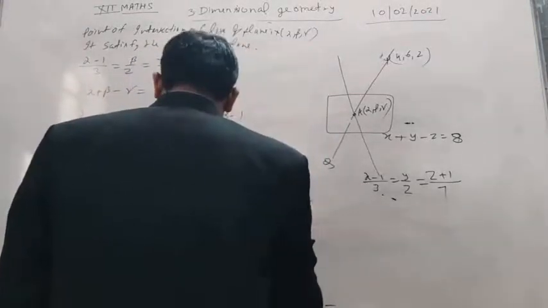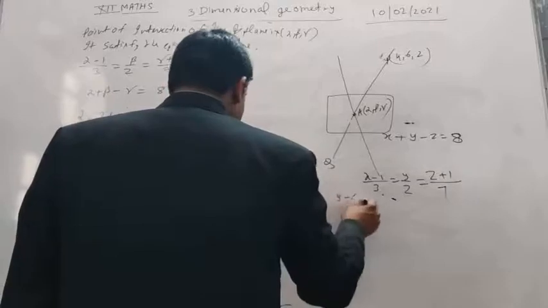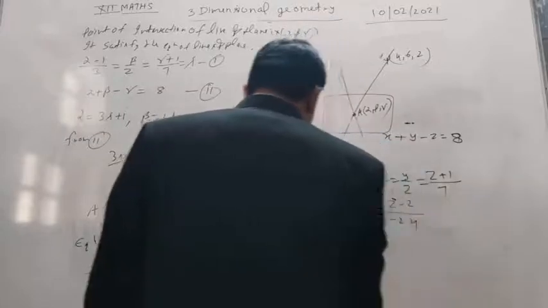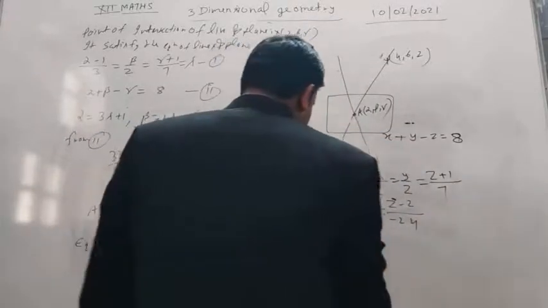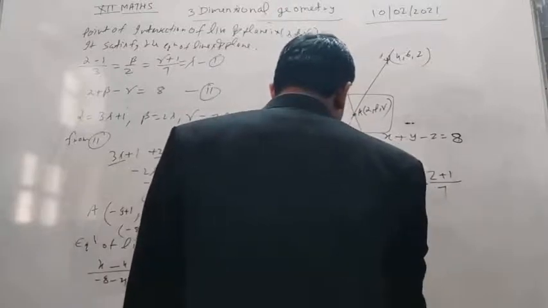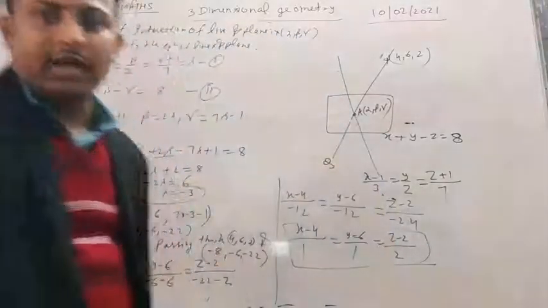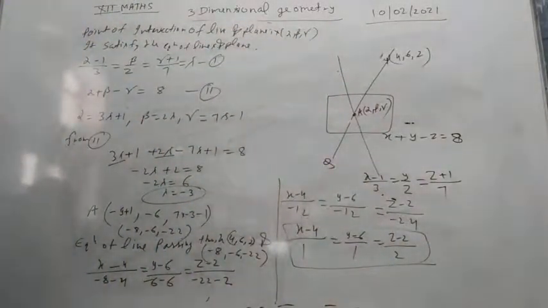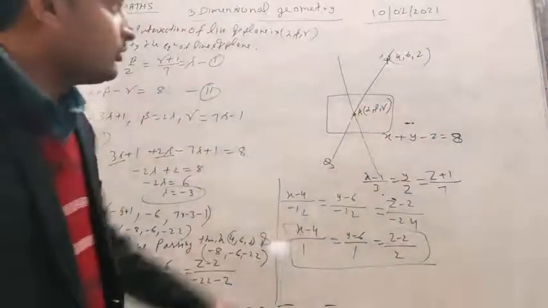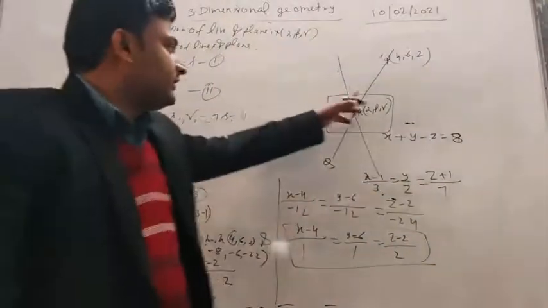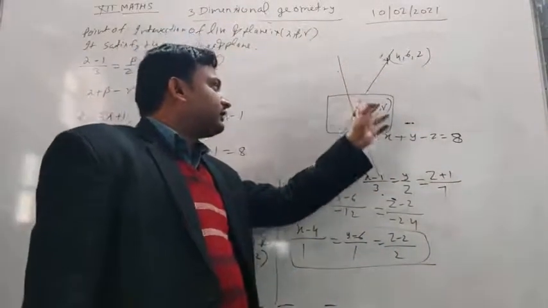Okay, friends, so when we further solve it, we get the equation, and after simplification we get (x minus 4)/1, (y minus 6)/1, (z minus 2)/2. So this will be the required equation of the line which is passing through the point 4, 6, 2. Okay, students, so in this way we can find out the equation of the line which is passing through the intersection of this and this.